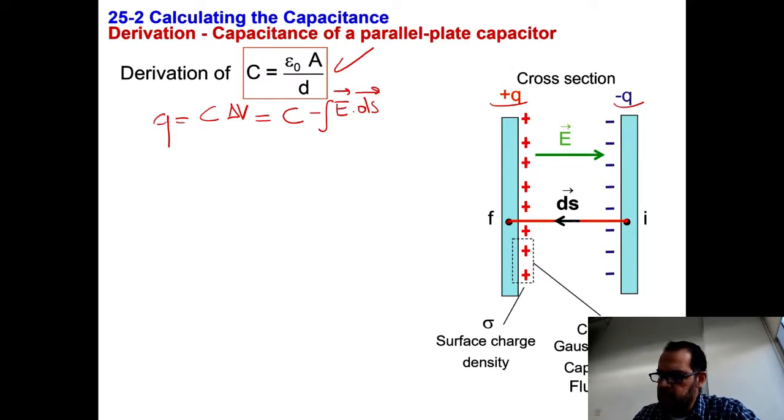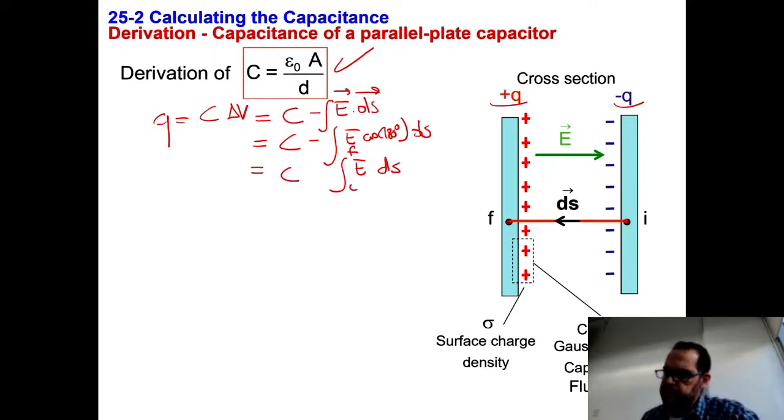So this is equal to C times minus E cosine 180 degrees ds. Cosine 180 is minus 1, so this is equal to C times the integral of E ds from the initial to the final position. Okay, so this is the charge Q.